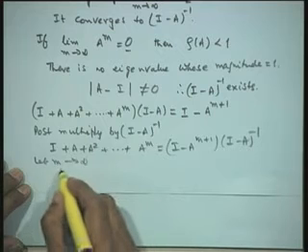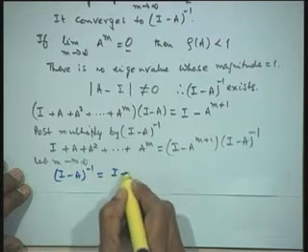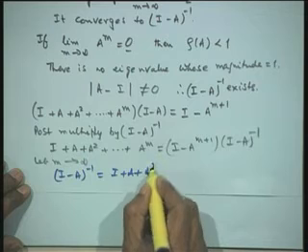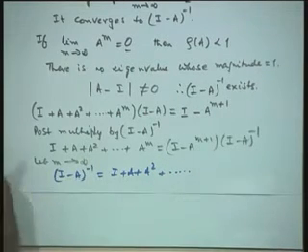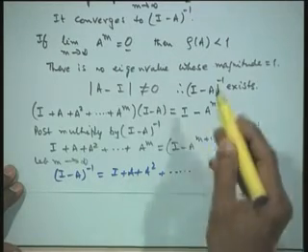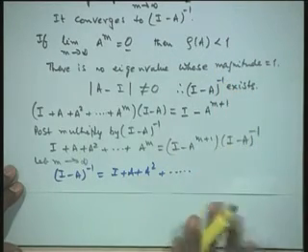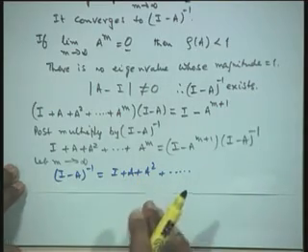Therefore we have the required result: (I minus A) inverse is equal to I plus A plus A square and so on. Therefore, the only condition for convergence is that the norm of A is less than 1, or the spectral radius is strictly less than 1; then this infinite series always converges.